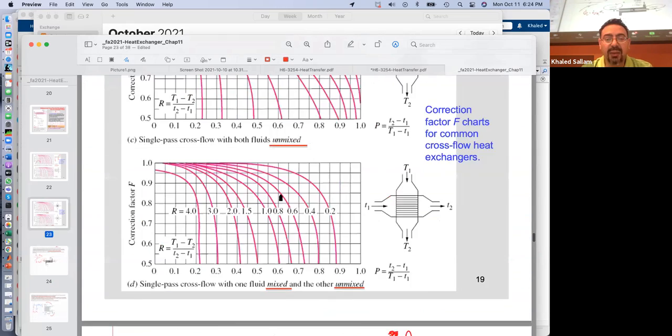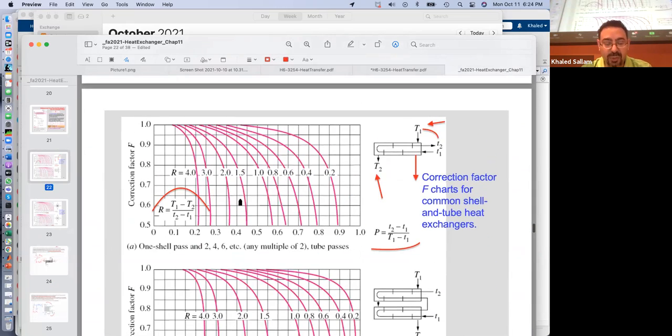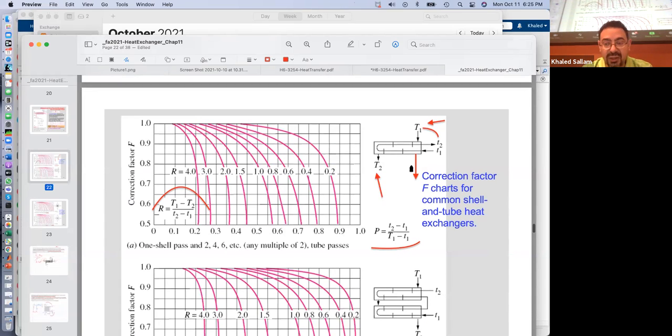I mean, if I go back to the chart for shell and tube, it says this is one shell and 2, 4, 6, 8, whatever. It doesn't matter how many tube passes we got. Right? So then I just need this and this, the tube side and the shell side.